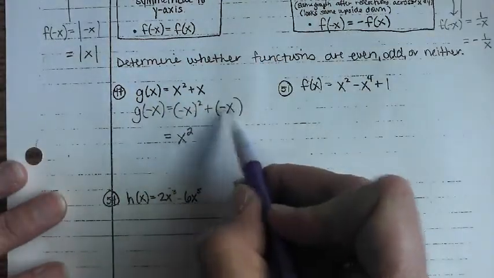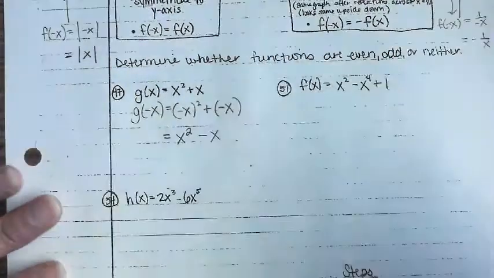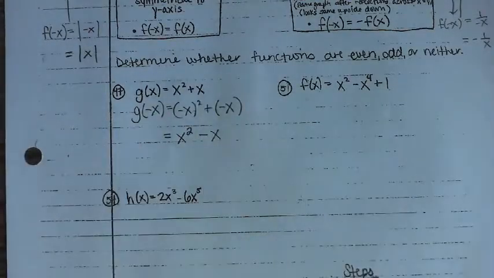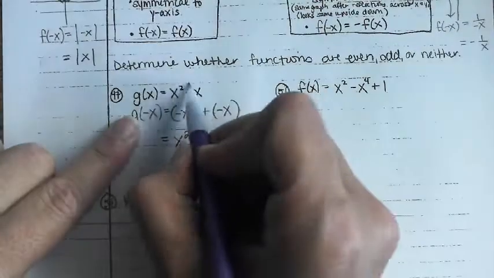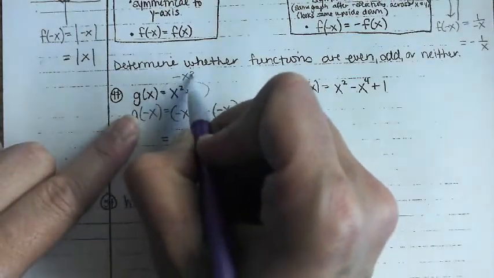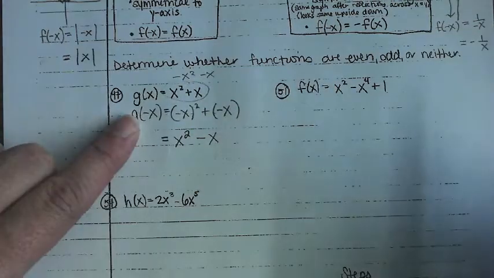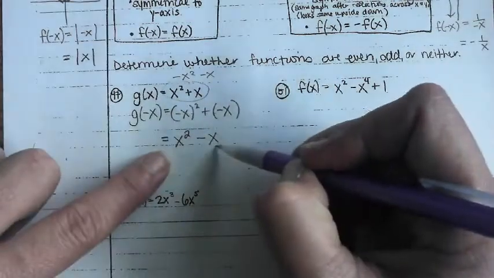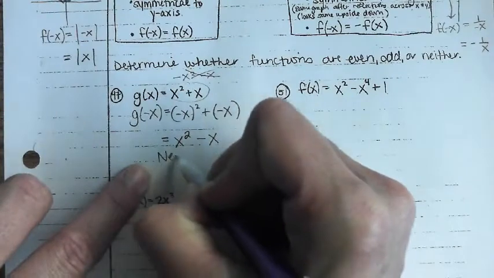And then plus negative x is just going to be minus x. Now, is that an exact match to the original? No. Is it the opposite of the original? Is it a negated version of the original? No. A negated version of the original would be negative x squared minus x. Yes? And that's not what we have here. So this one is neither.